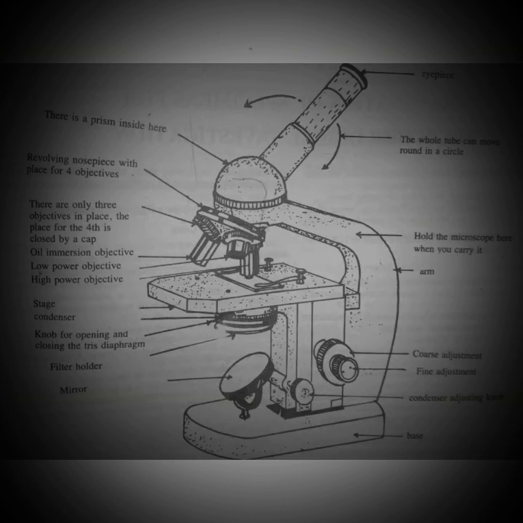Here you can see the stage where the slide is put. Next, the mechanical stage. One stage is this, and there is another stage, which is mechanical, meaning it can move from here to there. So these are the 5 supporting systems in the microscope.